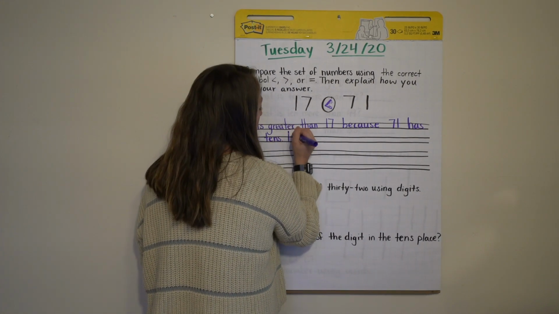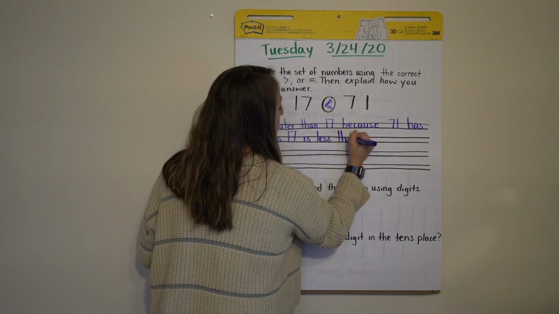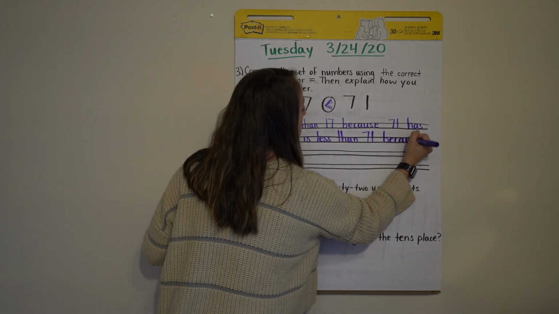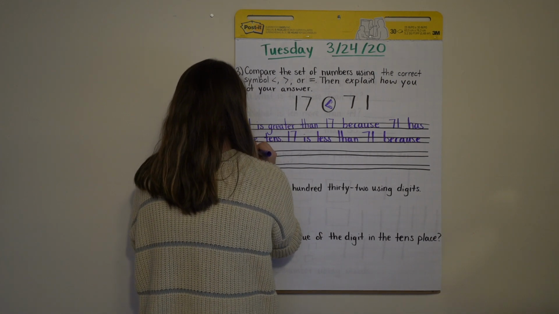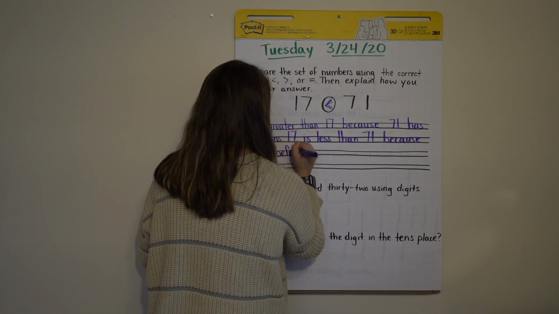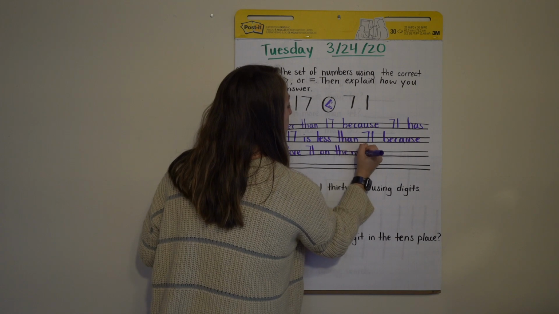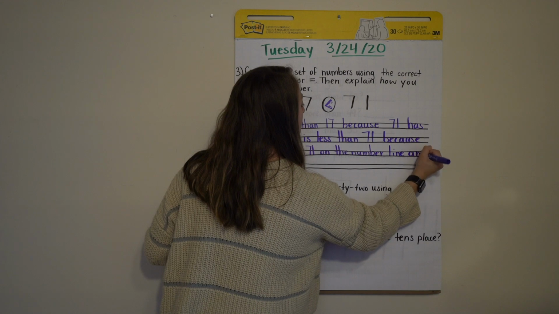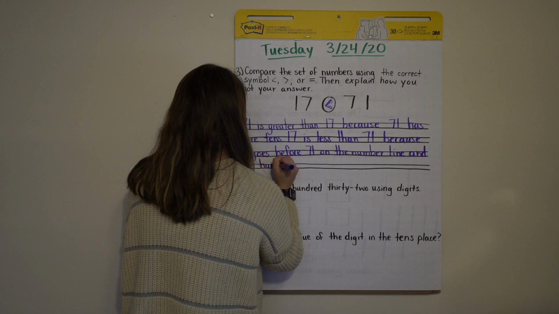So 17 is less than 71 because it goes before 71 on the number line and the hundreds chart.